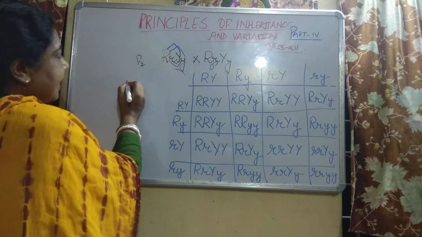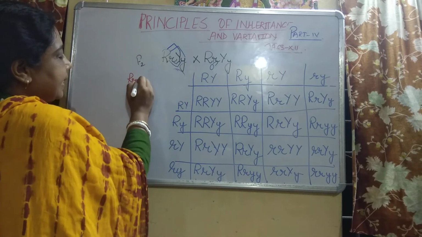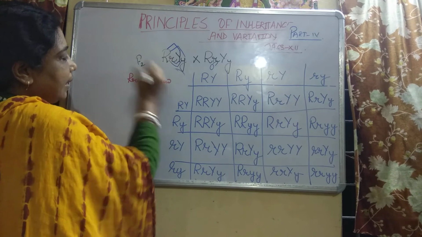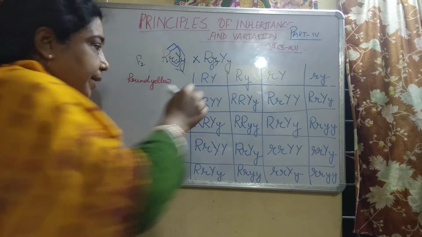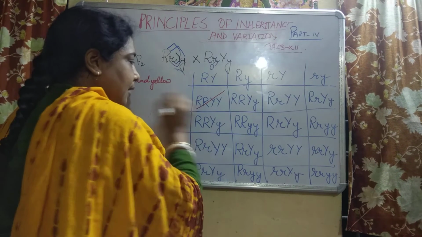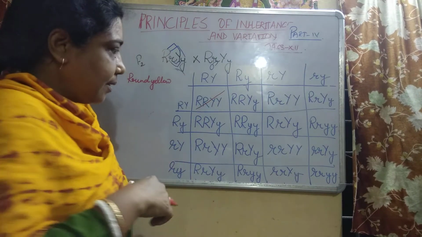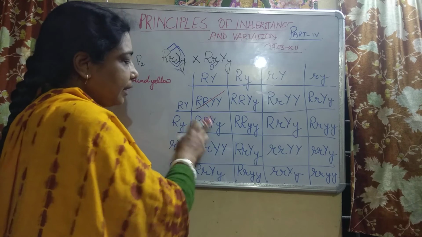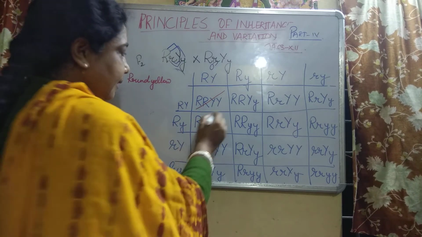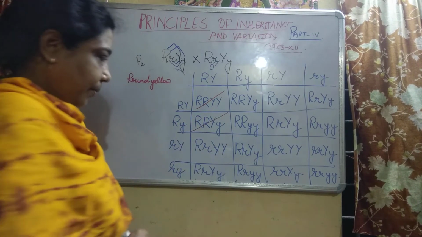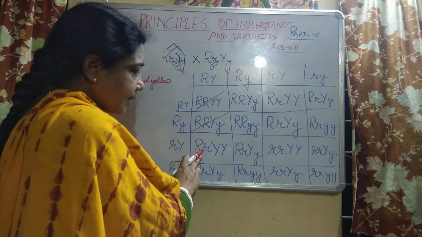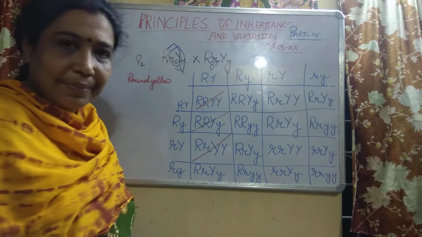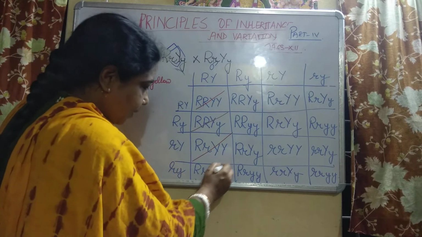So the first characteristic you are getting is round yellow. This is one round yellow. So I'm removing it. This one is also round yellow because you see both are dominant characters. This is the second round yellow. Now this one is also round yellow. This one is also round yellow.